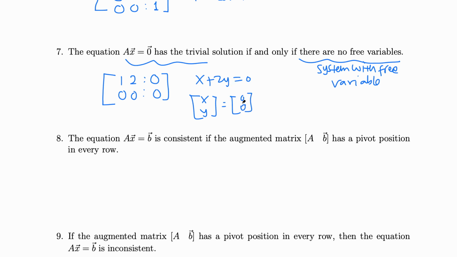So for this system, Ax equals 0, we call it a homogeneous system. It always has the trivial solution, regardless of free variables or no free variables, by the way. We are not saying only the trivial solution. We are not saying that part.